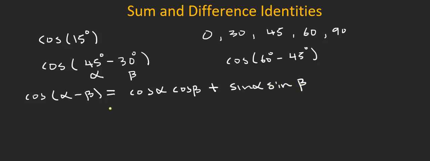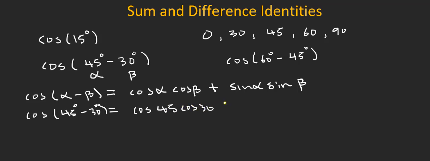Now all we're going to do is substitute: 45 for alpha and 30 for beta. So it's going to be cosine of 45, cosine of 30, plus sine of 45, sine of 30.